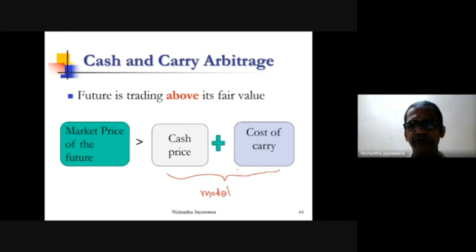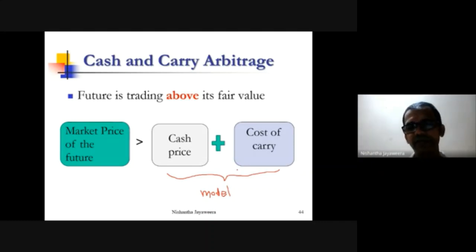You are not taking any views on the market, but you try to exploit the differences in market prices. So the futures market price is higher than the implied rate, so you sell the futures.